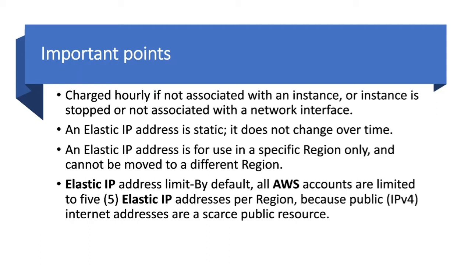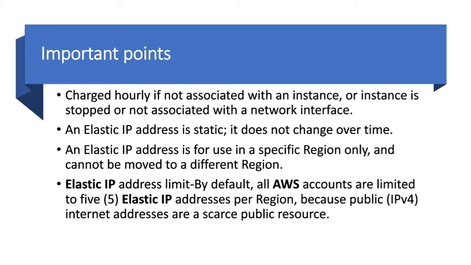But it is charged hourly if it is not associated with an instance or the instance is stopped. Another thing, you can also associate your elastic IP with network interfaces, and if it is not associated with an instance or a network interface, then you will be charged on an hourly basis. An elastic IP address is static and does not change over time, as we have seen.